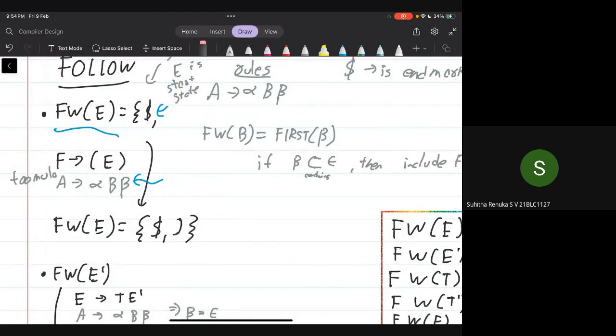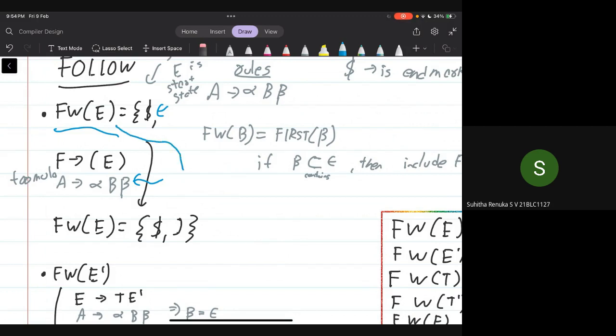And then you have this formula, which is A goes to alpha, B, beta. Bro, I'm not able to understand follow at all. See, you are doing follow of E. So what you have to do, I'll write it here.